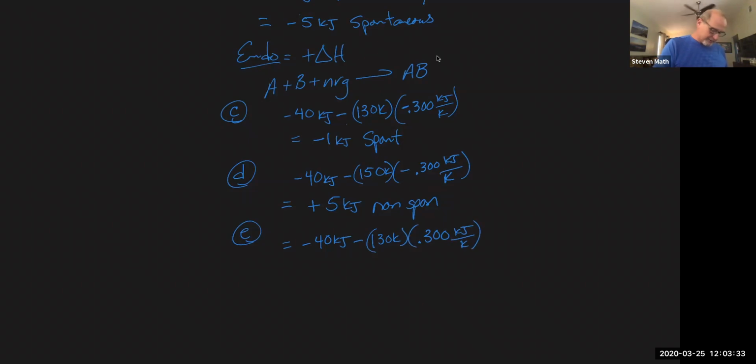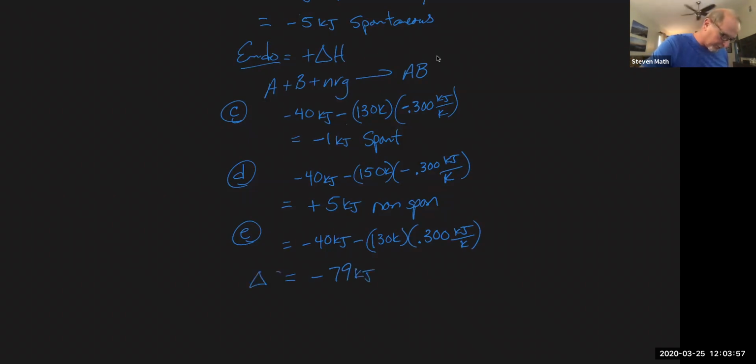Grab our calculator and go 130 times 0.3, and now we go negative 40 minus a positive 39, and now we have something that's very spontaneous, negative 79 kilojoules.